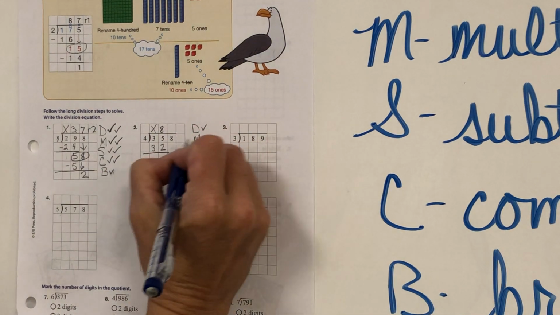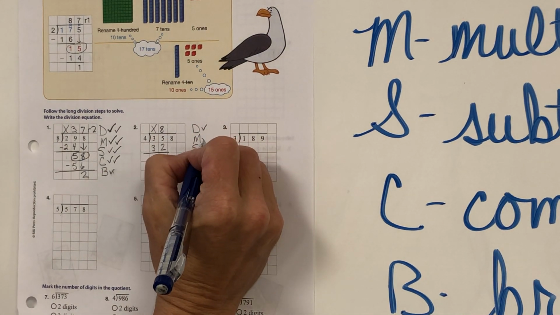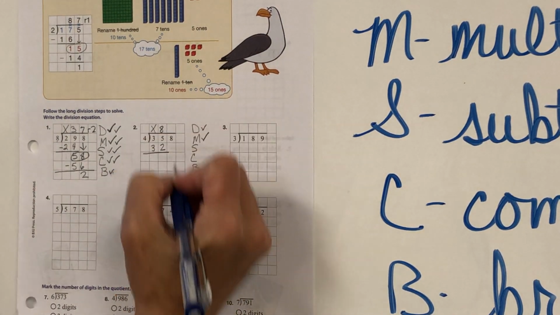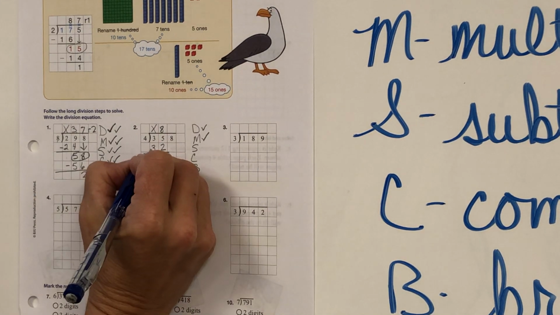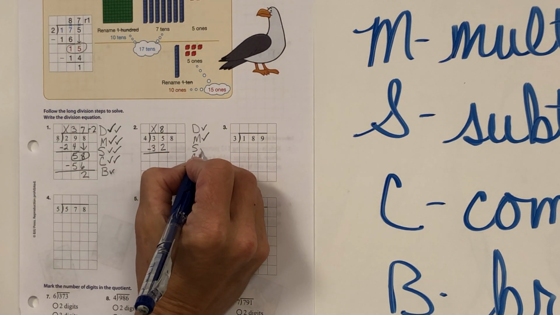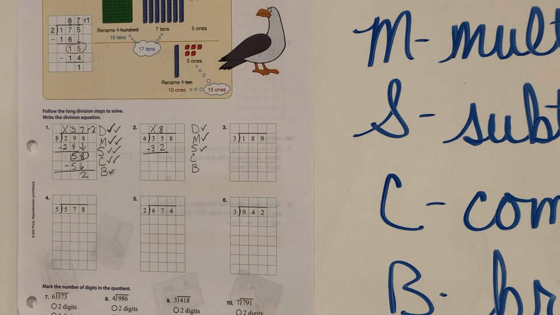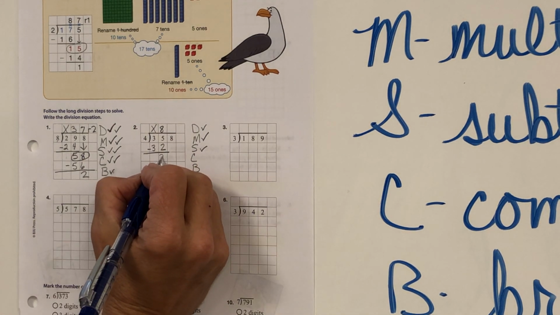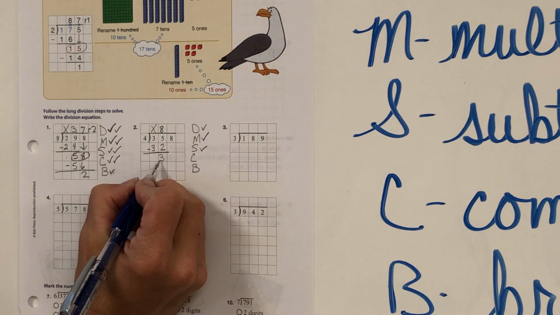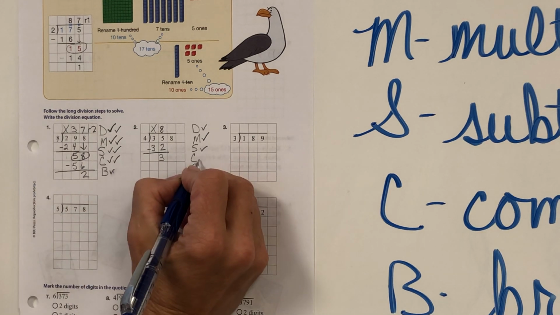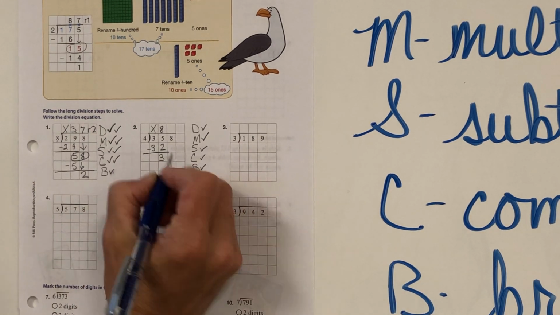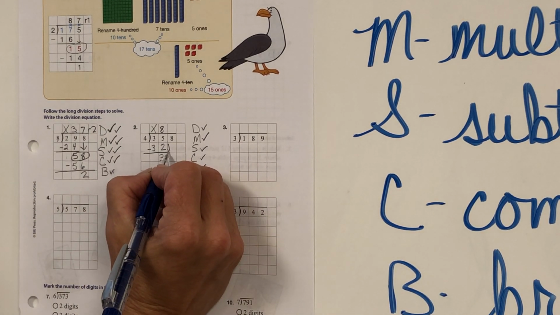And I keep forgetting, but I want you to try to remember to check them off as you go. Now we're going to subtract. 5 minus 2 is 3. And compare. 3 is less than 4. So bring down your next number.